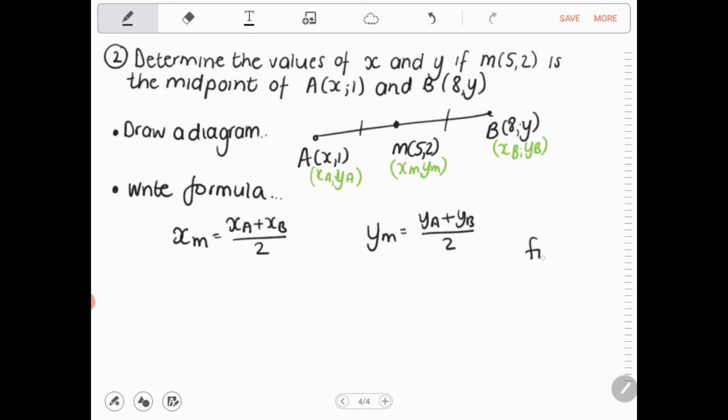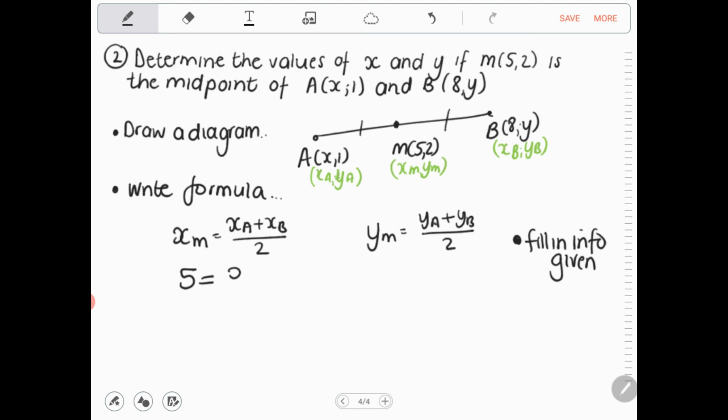Okay. Fill in the given information. So what do you know? Okay, so I know that the x at M, I've got that, it's 5.